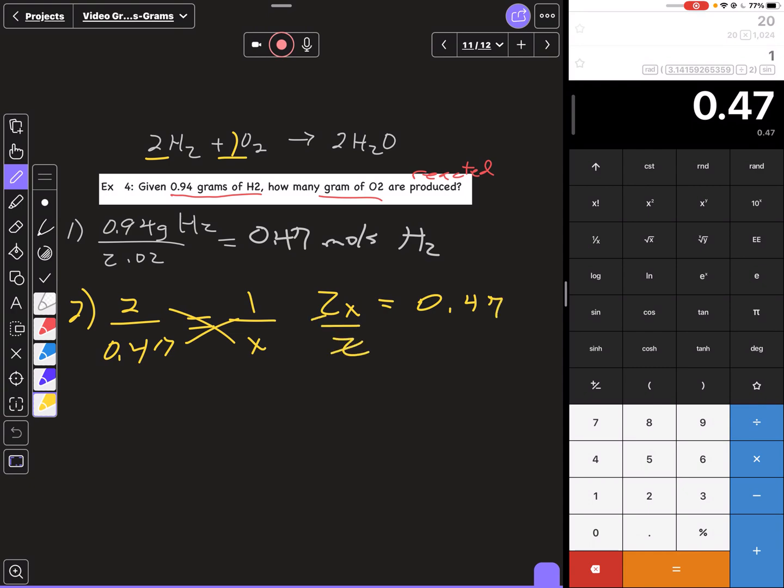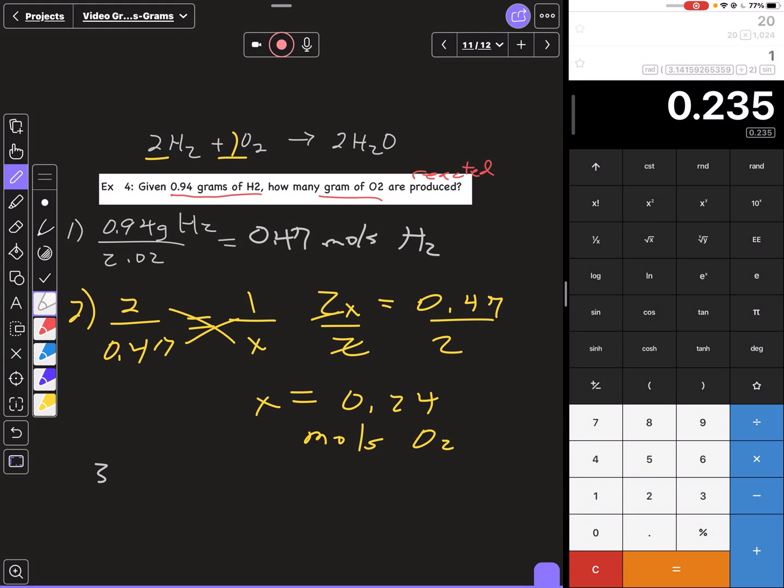Now divide both sides by 2, and my X is going to be 0.24, and that's going to be moles of O2. My last step is going to be simply to convert to grams.